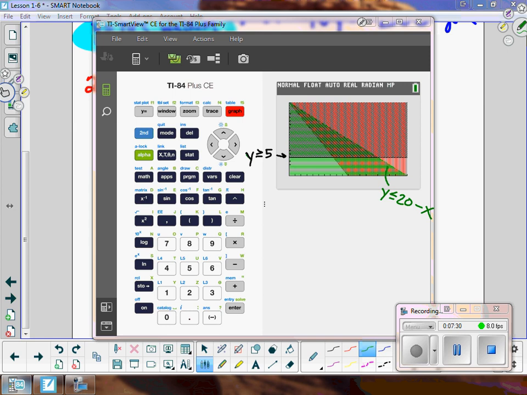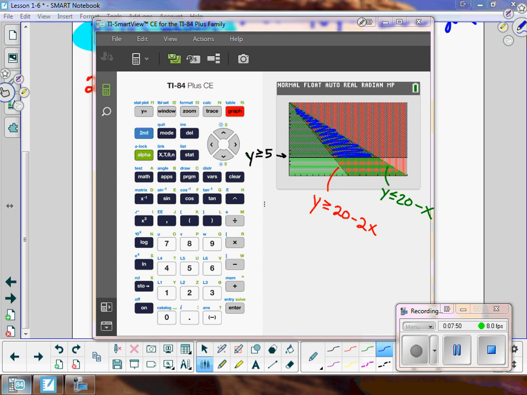And above the line, where he wanted to make the money, y is greater than or equal to 20 minus 2x. So this region that is shaded with all three colors would be the solution region, where he can make the most money and have time to do it.